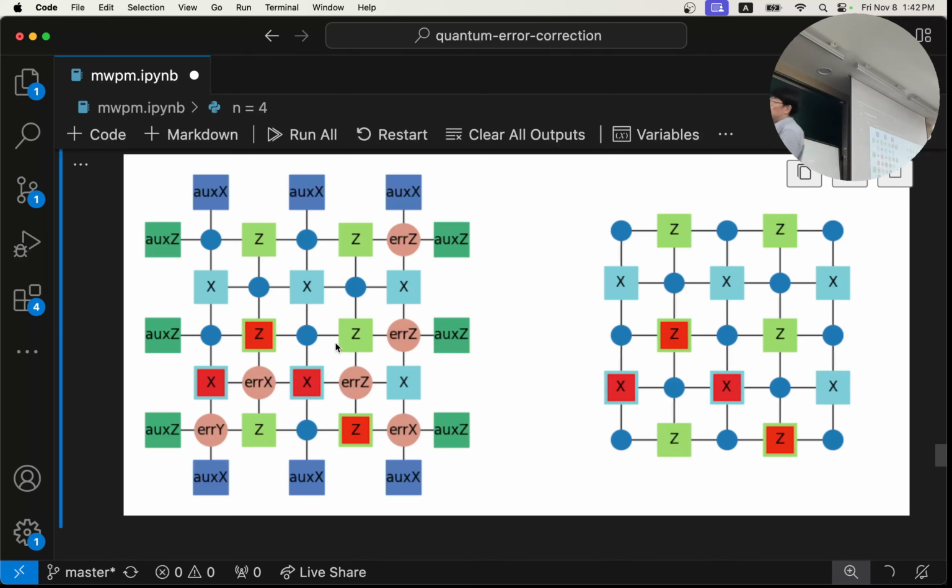Now, if we are lucky, then we get exactly the same error here. But you can see that you can get the exact same result with a different configuration of errors on the data qubits. This is not the only way you can get the same readoff.